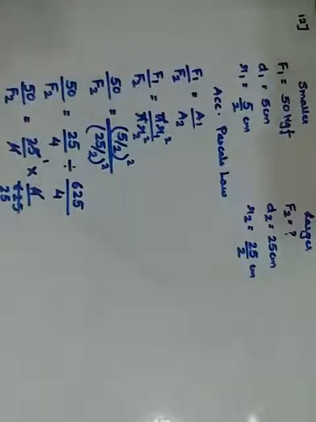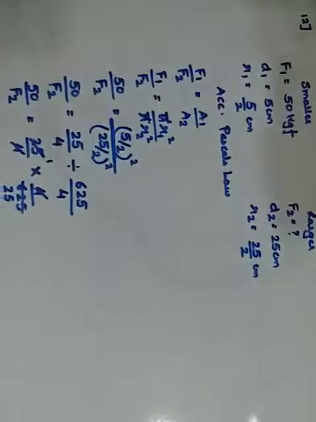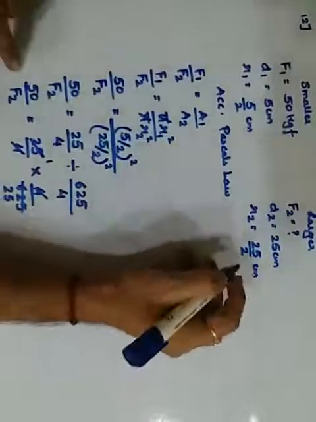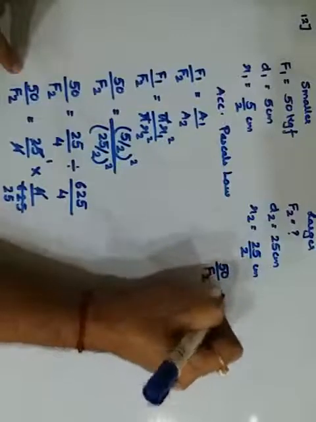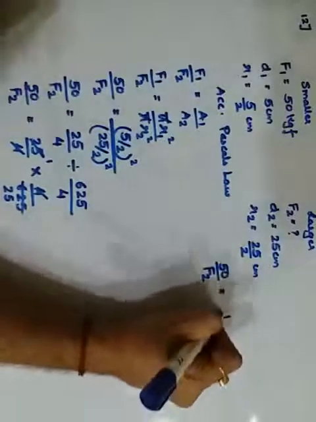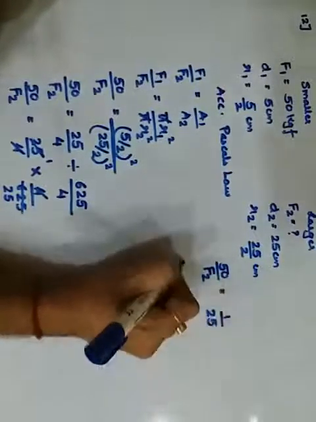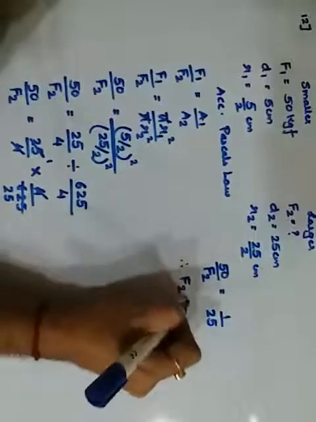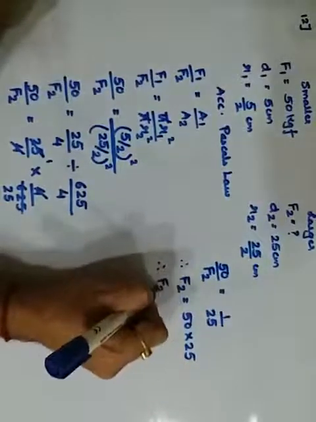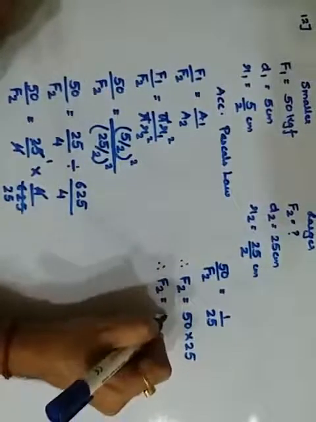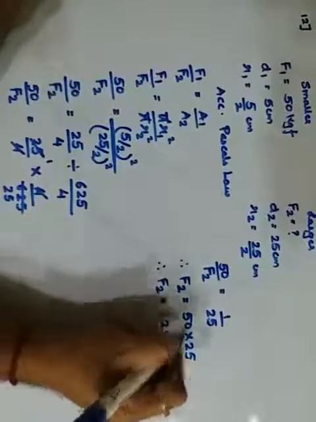Okay, are you able to see? Yes. So now I proceed further. इसी को मैं वापस लिख रहा हूँ, that is 50/F2 I have got as 1/25. Now when I cross multiply this, therefore your F2 is equal to 50 into 25, which comes out to be 25 fives are 125 and there is one more 0.